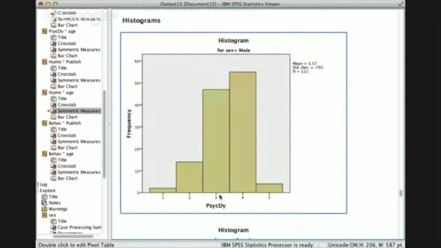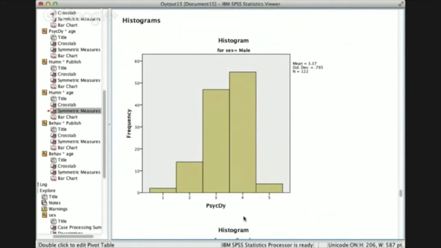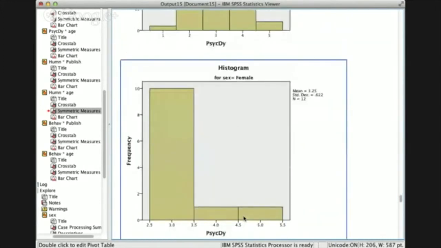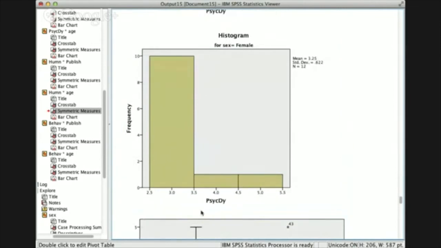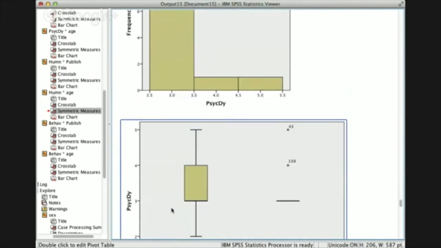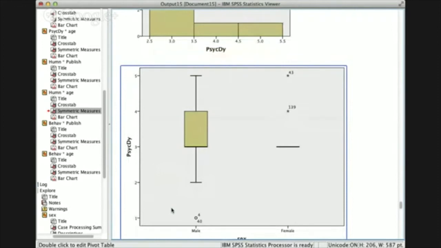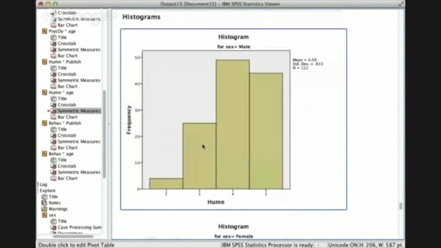Most of the male supervillains fit or meet between 3 and 4 of the criteria for psychodynamic, whereas females fit mostly between 2 and 3. And this is the box plot, which shows that most of the females just have some outliers where the males have a bigger range.